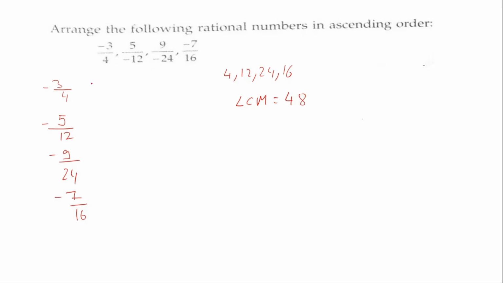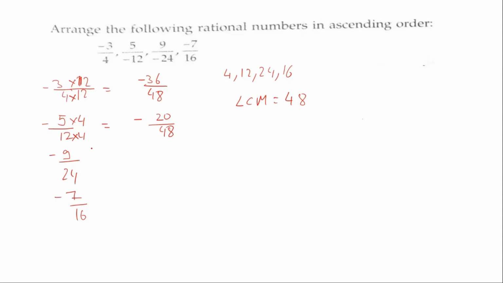Now we will multiply each rational number such that we get the denominator 48. So the first one will be minus 36 by 48. The second one will be minus 20 by 48.